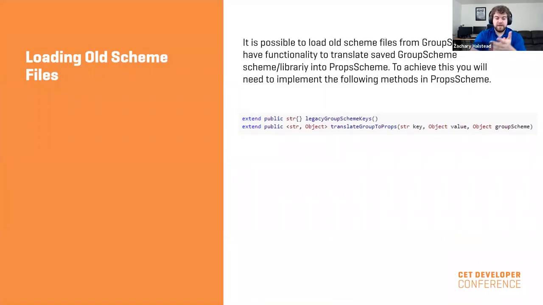And then lastly, we have the ability to load old scheme files, so loading group schemes in. To enable this, you would override legacy group scheme keys and translate group to props. There is actually an example of this in the generic storage shelving, LT shelving, LT prop scheme. I'll show that to you real quick.